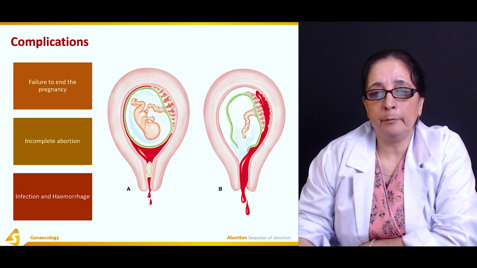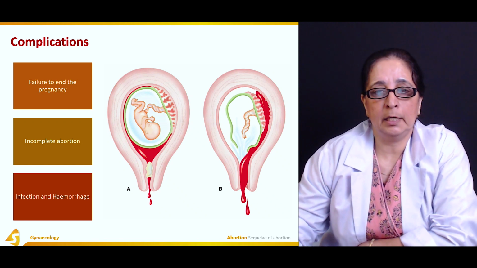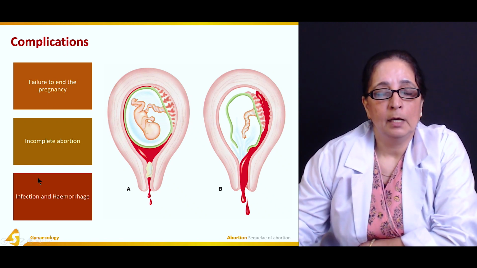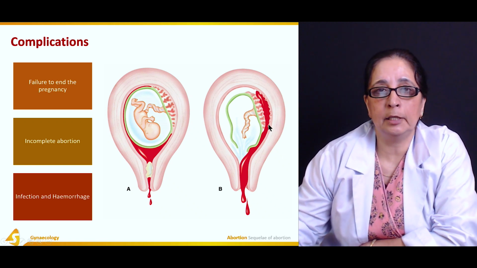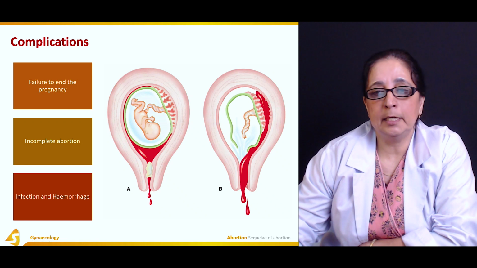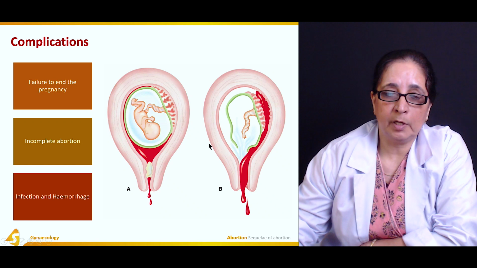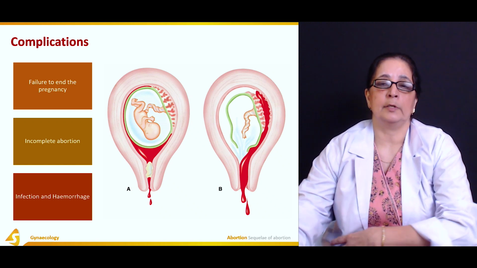Then the other can be incomplete abortion. In incomplete abortion, the product of conception still stays inside the uterus, and this needs further treatment by dilation and curettage to remove the product of conception.